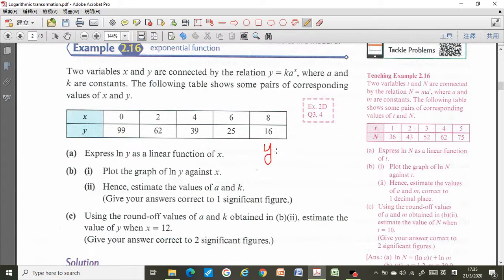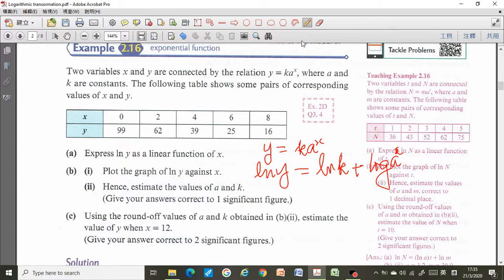First, copy the question. y equals k a to the power x. Now taking logarithm on both sides, log y equals log k plus log a to the power x. And then the x can go down.